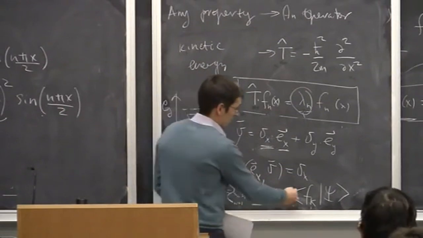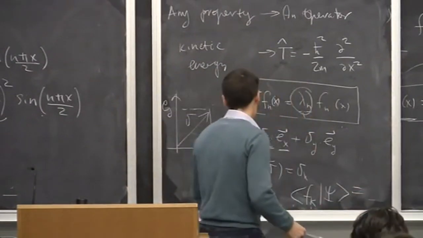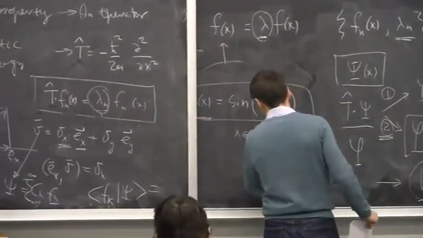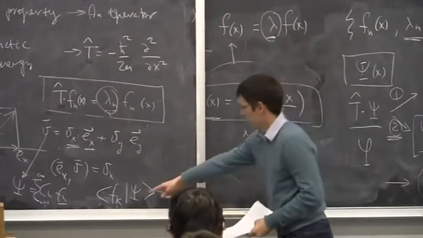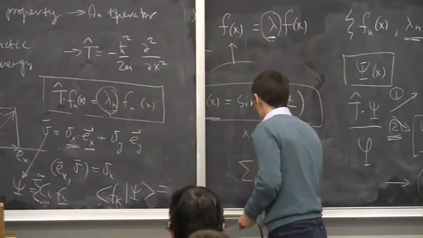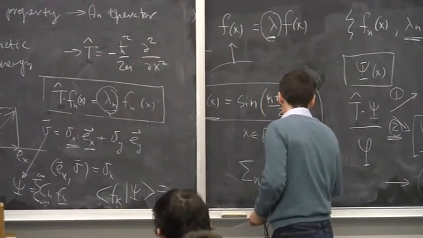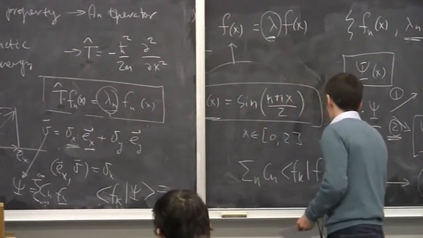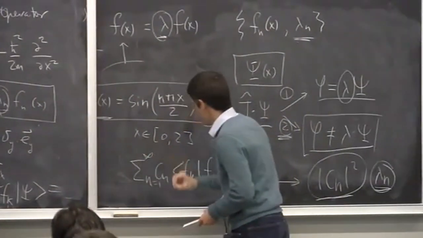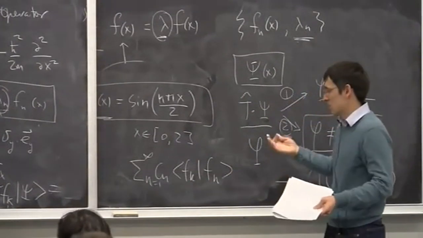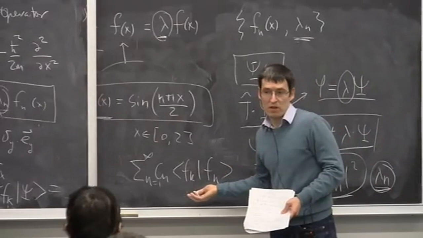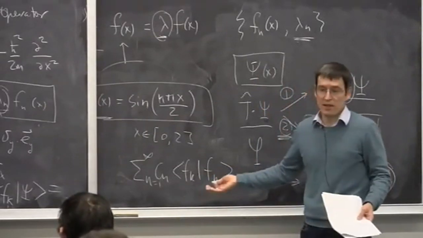All right, so we do the projection the same way we did the projection on the basis vector. And if our functions are so-called orthonormal, then doing this projection will give us the sum of c_n times the inner product of f_k and f_n, right? So k here is any number. I just use a letter because I don't want to specify the number right now, but it can be 1, 2, 3, anything.